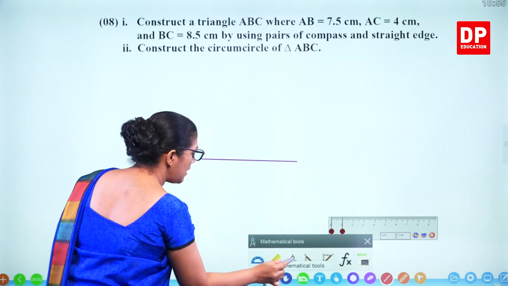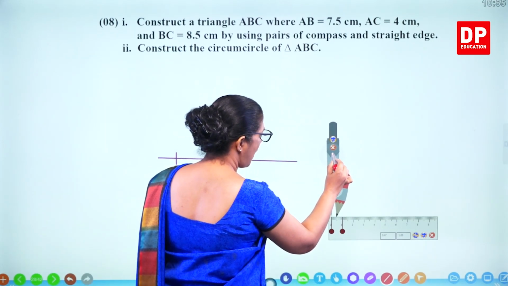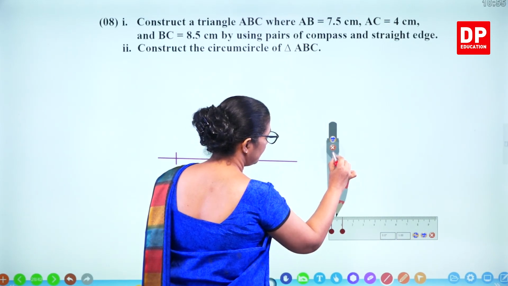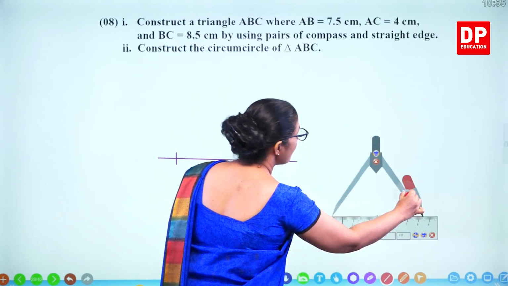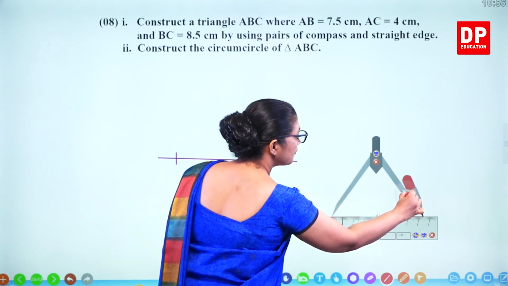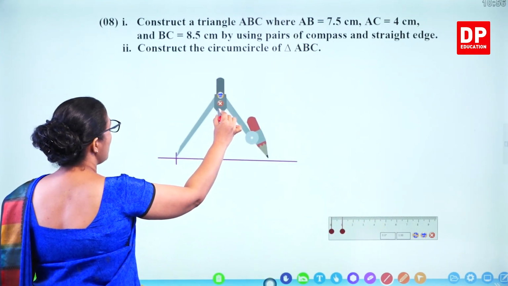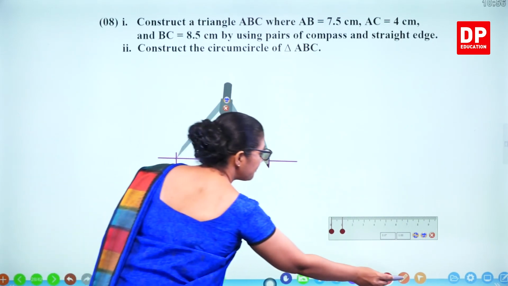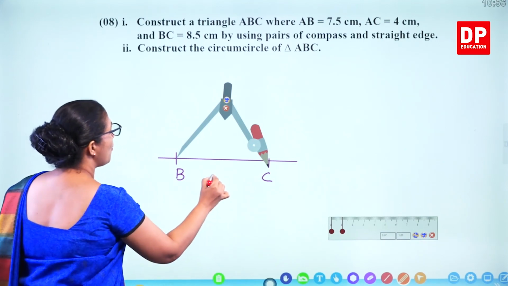Now you take the compass, measure 8.5 length, and you keep on top of this point and mark the other arc. So that's C. So this is B, C, 8.5.